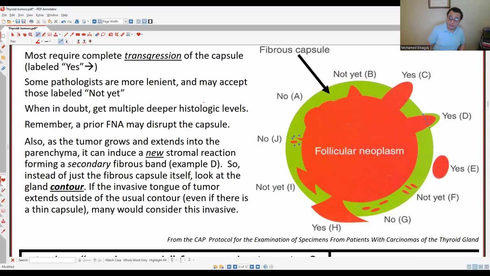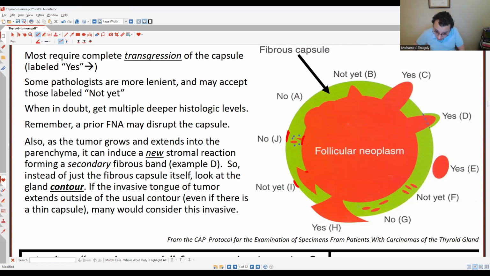I love this picture. It's very good. See, here is the fibrous capsule highlighted in green. Here is the outer boundary of the capsule and here is the inner boundary. You have to make sure that you observe the outer boundary of the capsule under the microscope.